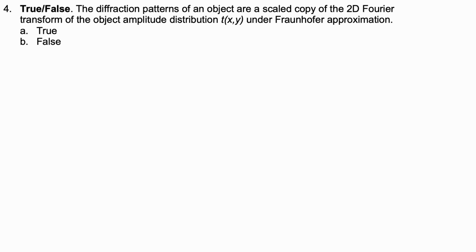here we have our transmittance, which is going to be t, and then we are observing under the Fraunhofer approximation, and we want to know what the output is going to be, right?